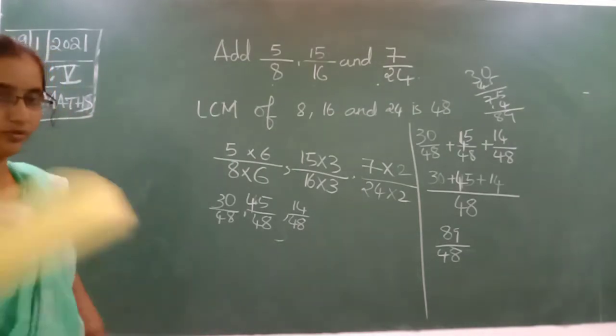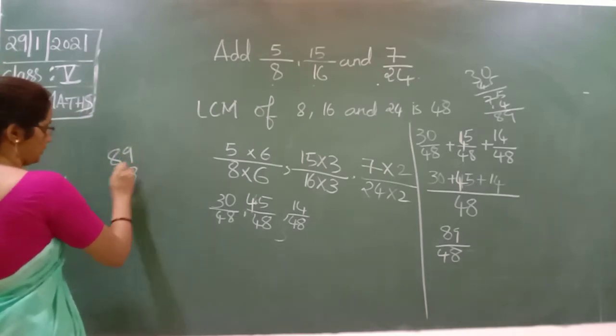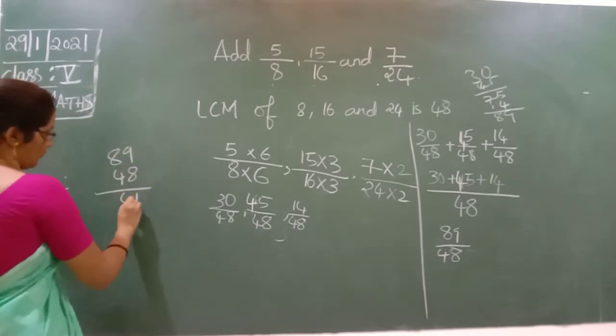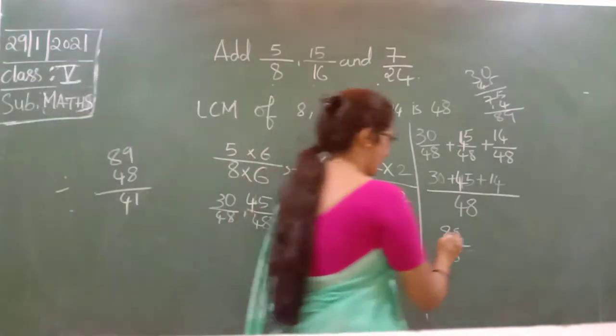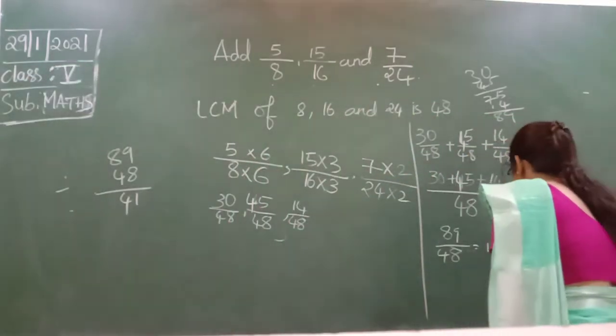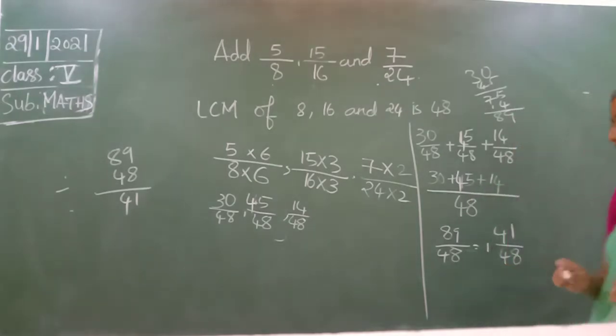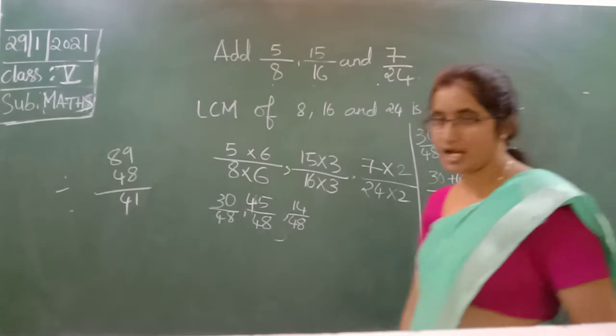So what we have to do? 89 minus 48, 141. The improper fraction will be 141 by 48. This 48 into 2 into 1 we have to do, and we have to add this. This is the mixed fraction.